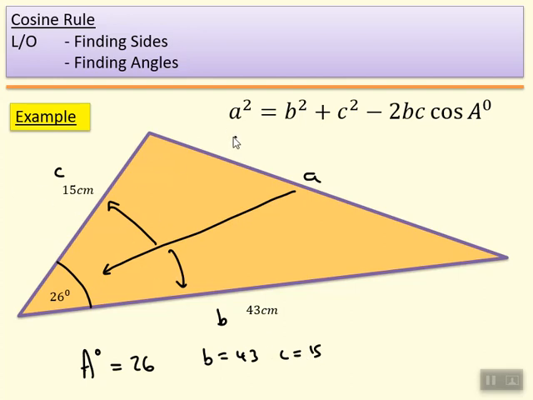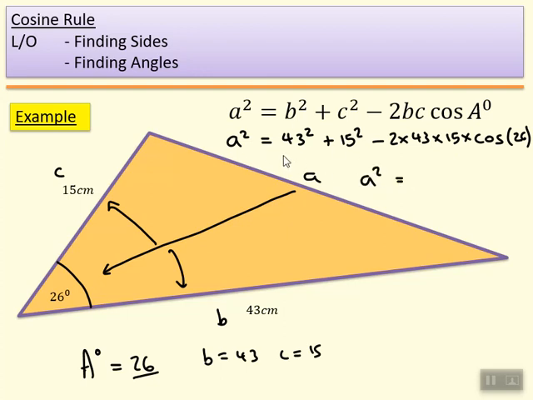So A squared is equal to 43 squared, that's B squared, plus 15 squared, that's C squared, take away 2 times 43 times 15 times cos, and then always put a bracket, and the angle is 26 degrees. Now we're not going to get A straight away, we're going to get A squared.